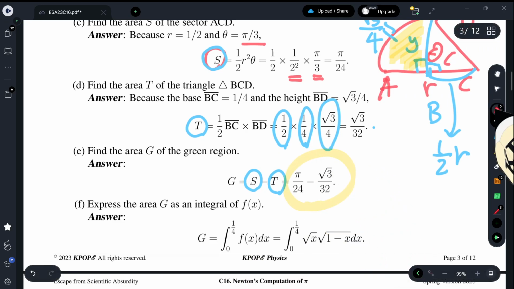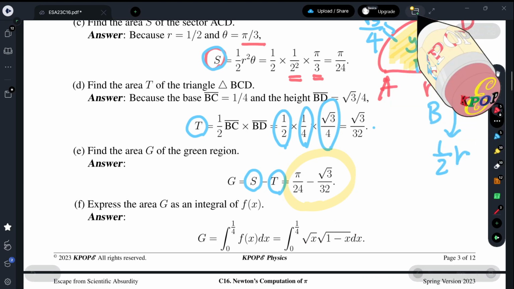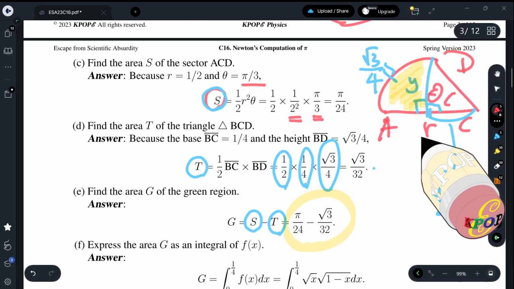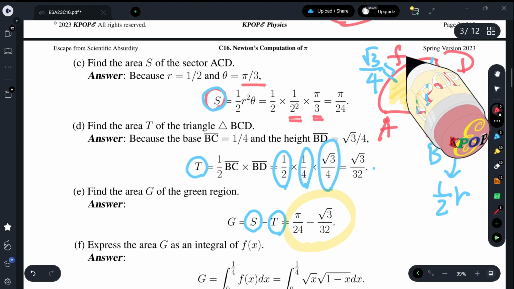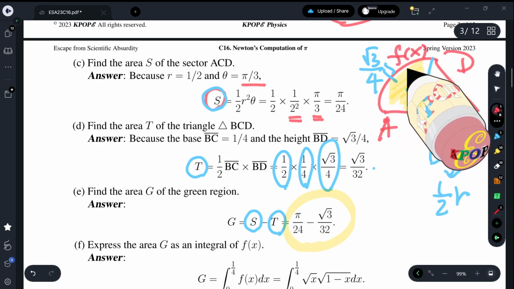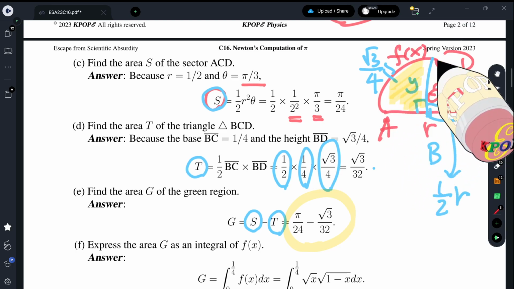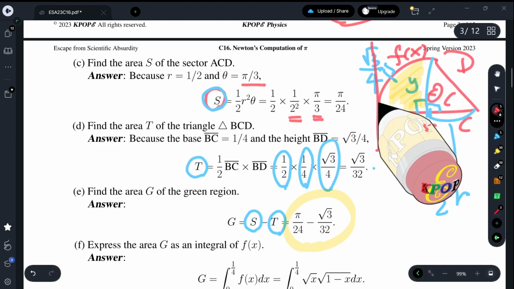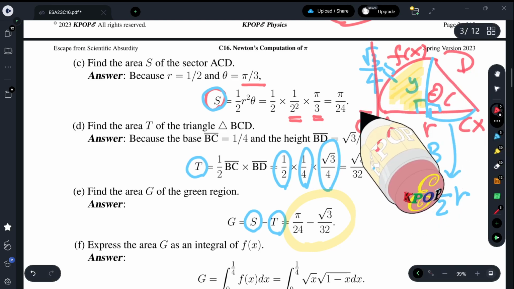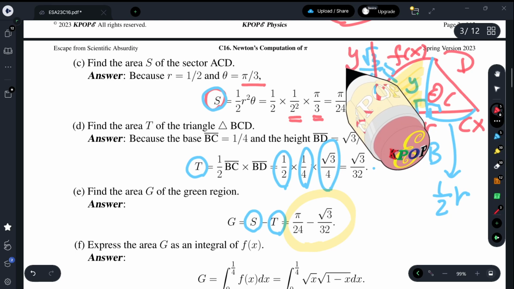Next, we can express this area as an integral of f of x. We know this curve is f of x if I choose the x-axis, origin, and y-axis.